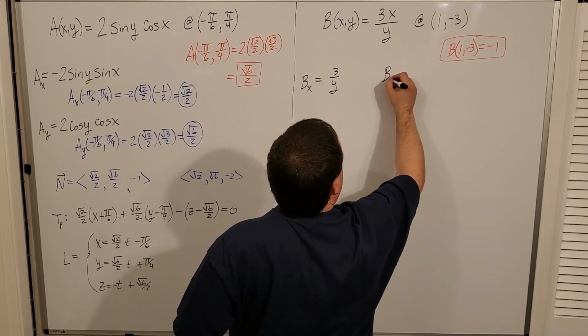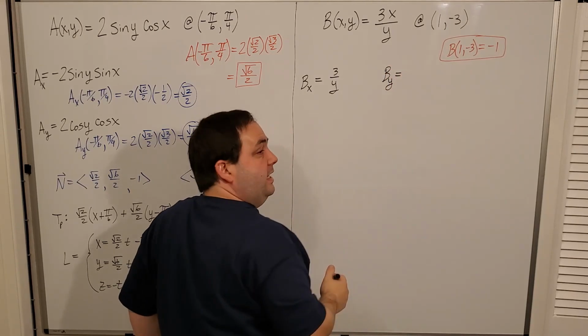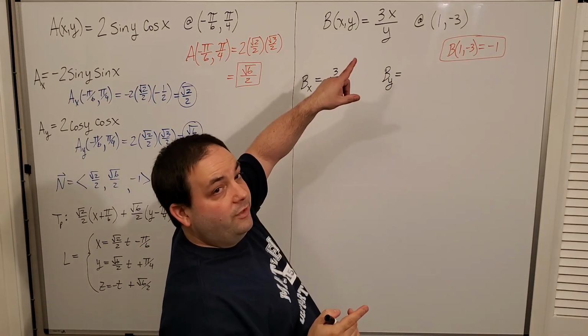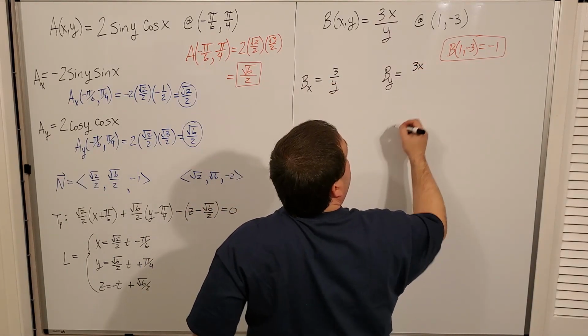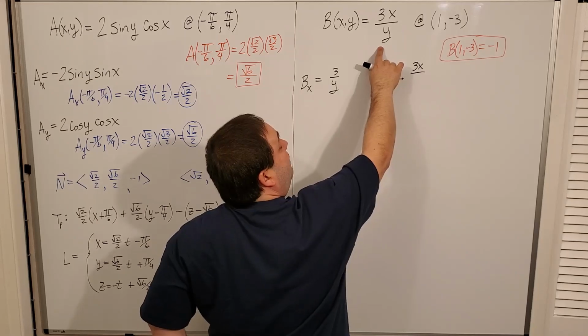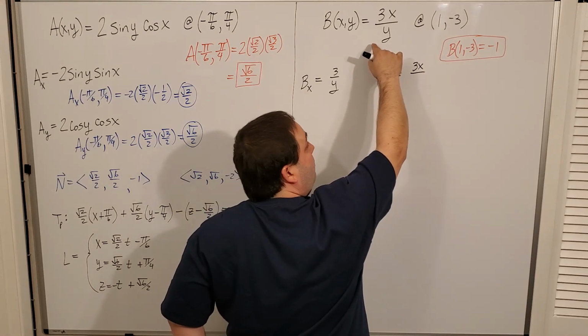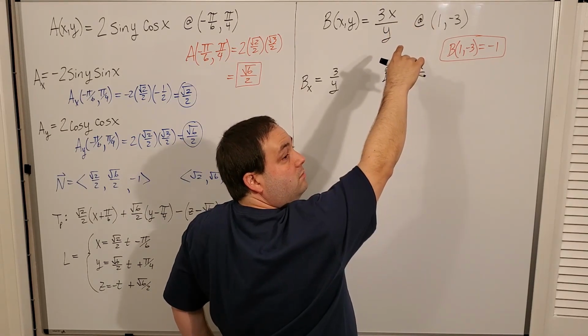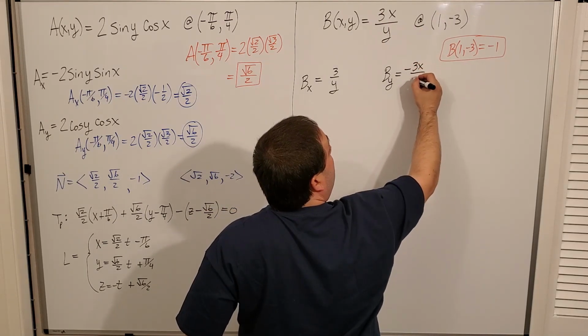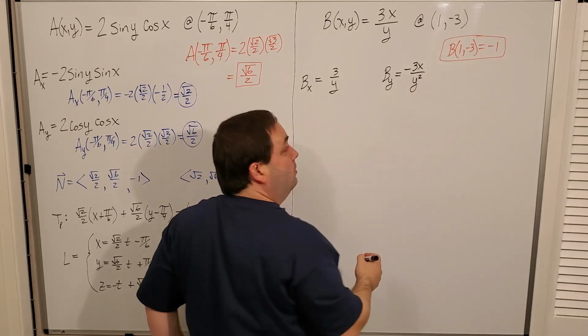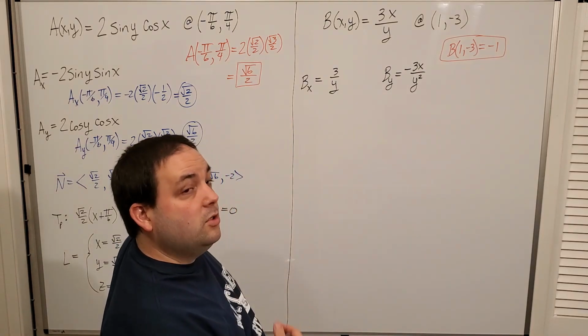Then my partial derivative with respect to y is, the 3x is along for the ride, don't forget. And then the derivative of the 1 over y, remember I would just make it y to the negative 1 and do a power rule, which would drop the negative 1 and give me a negative 2 power. So I'd have negative 3x over y squared.